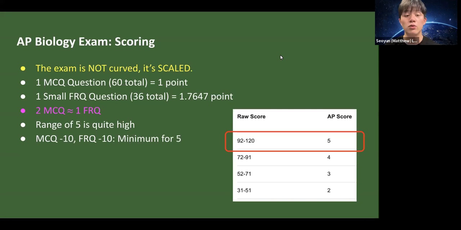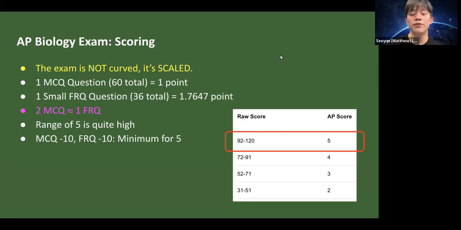For one MCQ question, you get a point. So let's say I scored perfect on the MCQ section. You get a total of 60 points. For FRQ, you're given 6 big questions, but within that, there are sub questions, which I call small FRQ questions.